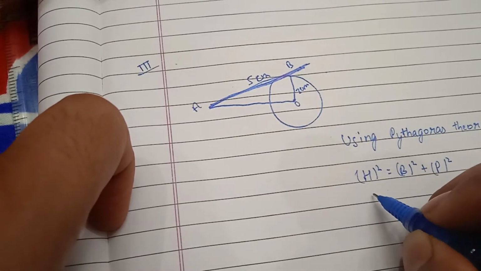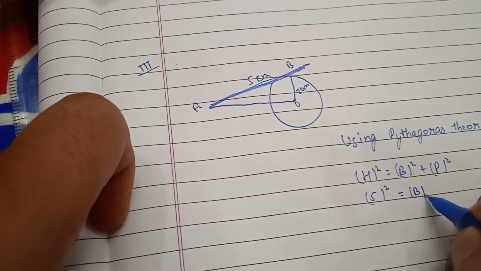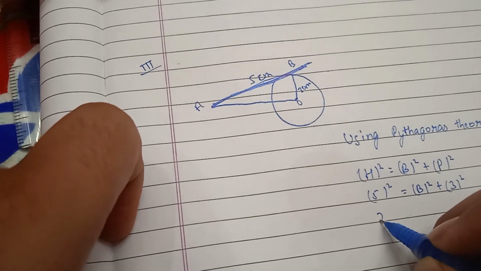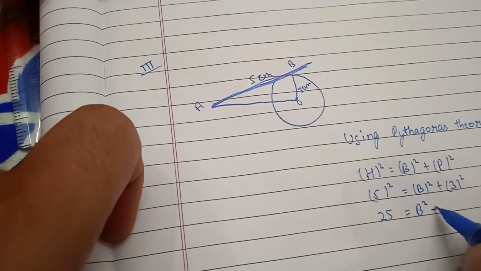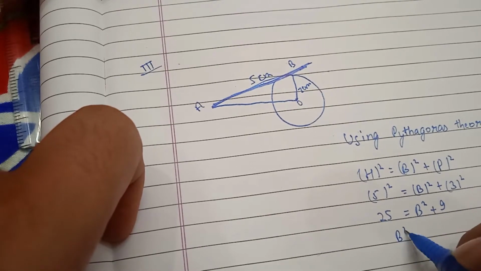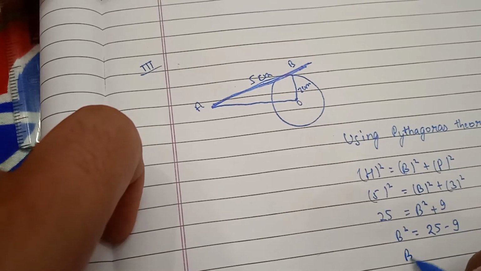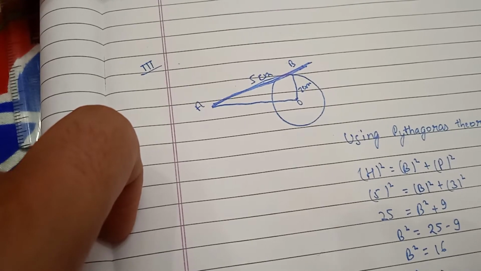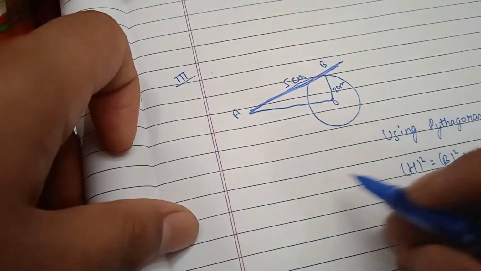So hypotenuse is 5, 5 square equals, we have to find the base, b square plus 3 square. 25 equals b square plus 9. b square is equal to 25 minus 9. b square equals 16 and b is equal to 4. Means AO is 4.